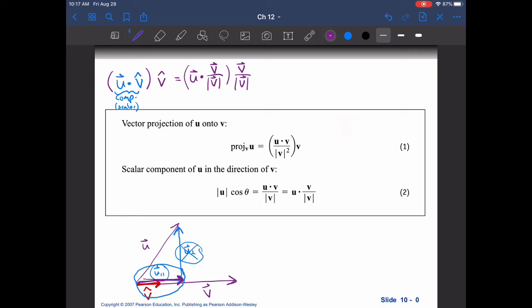And I can combine these two together, and you see over here in this picture, the magnitudes are just scalars. So I can do u dot v divided by, and I can combine those two scalars together into a magnitude of v squared, because they're scalars, I can do that. And then this whole thing just times the regular vector v, and that is this version we have right here.